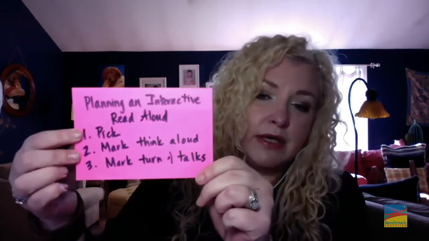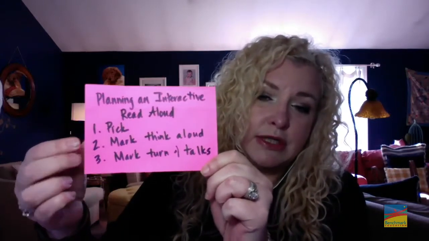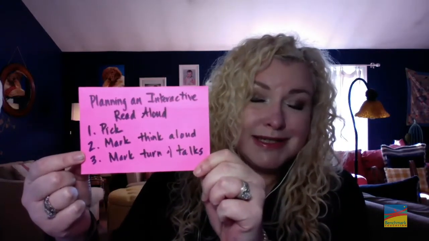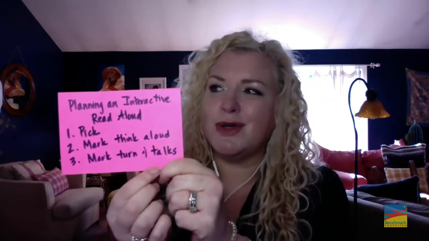So that's it. That's how I plan my interactive read aloud. First, I pick a focus strategy. Then I mark the places that I'm going to show that strategy and how I use that strategy. And then I'm going to mark places where students are going to practice in conversation. I know I'm saying turn and talk, that could be jots too. It could be jot and talk.